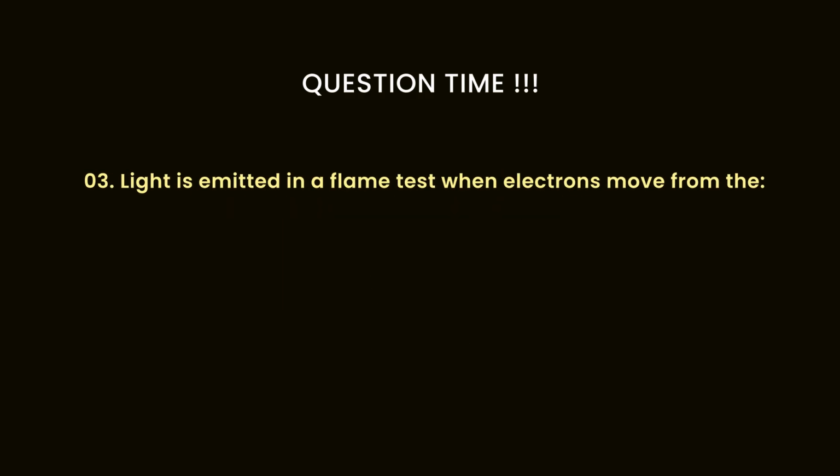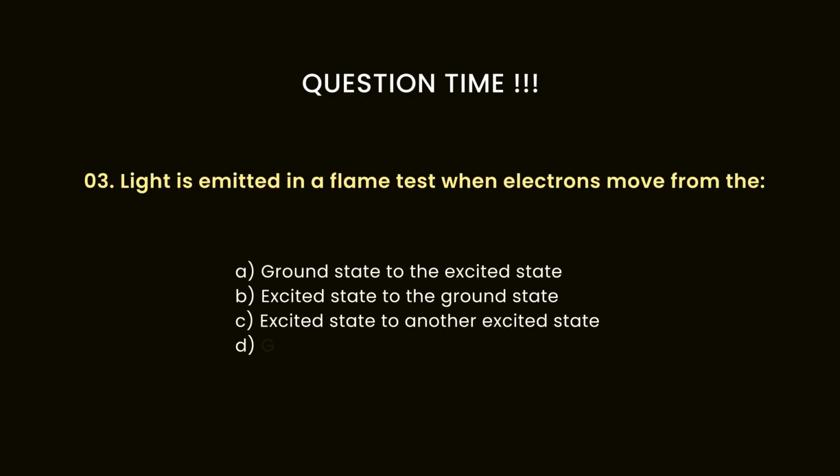Question 3. Light is emitted in a flame test when electrons move from the. Answers are: A. Ground state to the excited state. B. Excited state to the ground state. C. Excited state to another excited state.